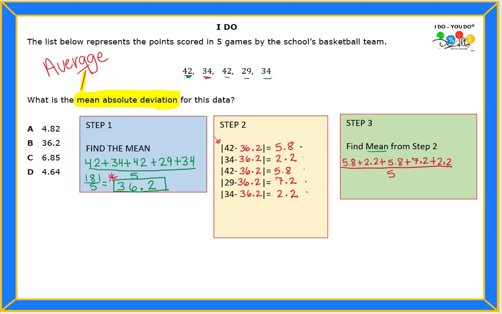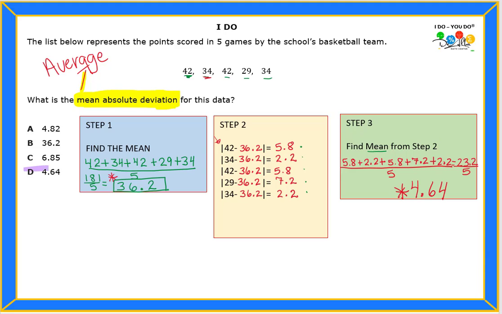Add them up and see what you guys get. Okay, so when you add the numbers, we have 23.2, and then I need to still divide by 5, right? Okay, and when I divide by 5, I get 4.64. And guess what? Now that's my answer, okay?